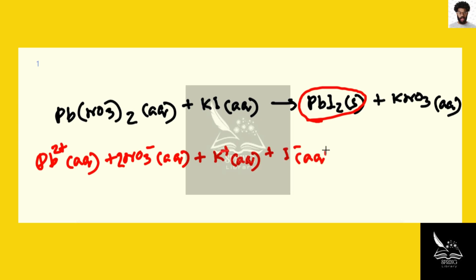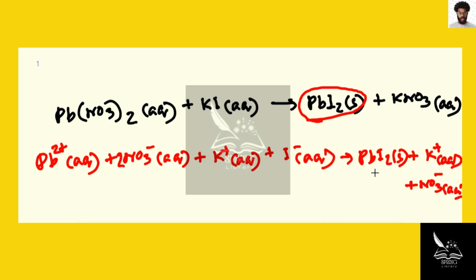In the products, since PbI2 is a solid, it will not be dissociated into its ions, and we have K+ aqueous plus NO3- aqueous.